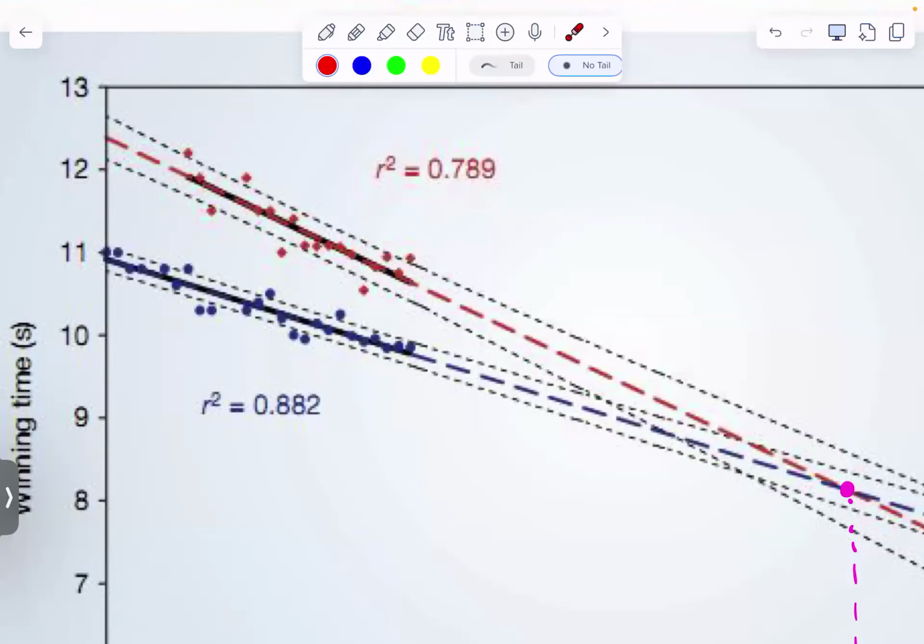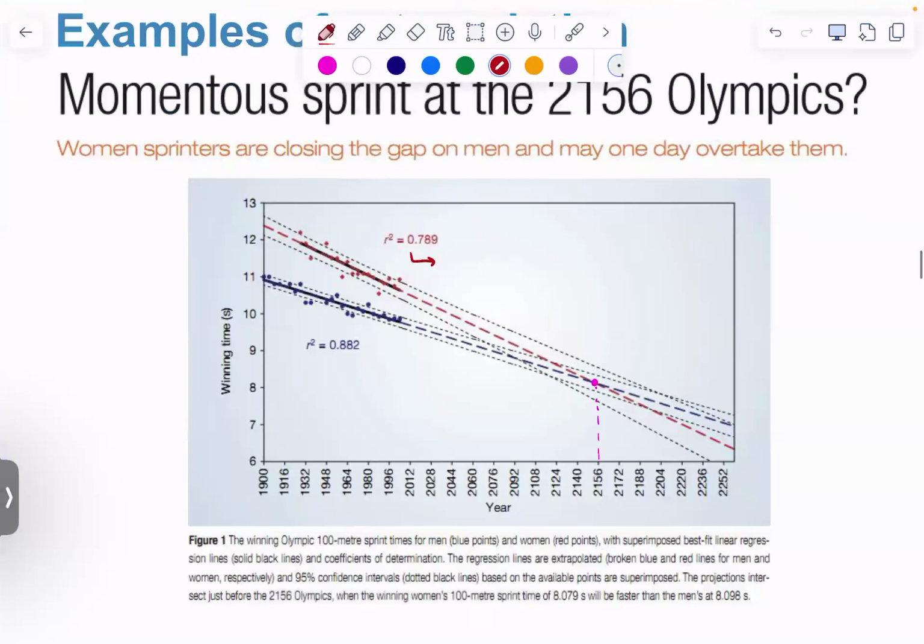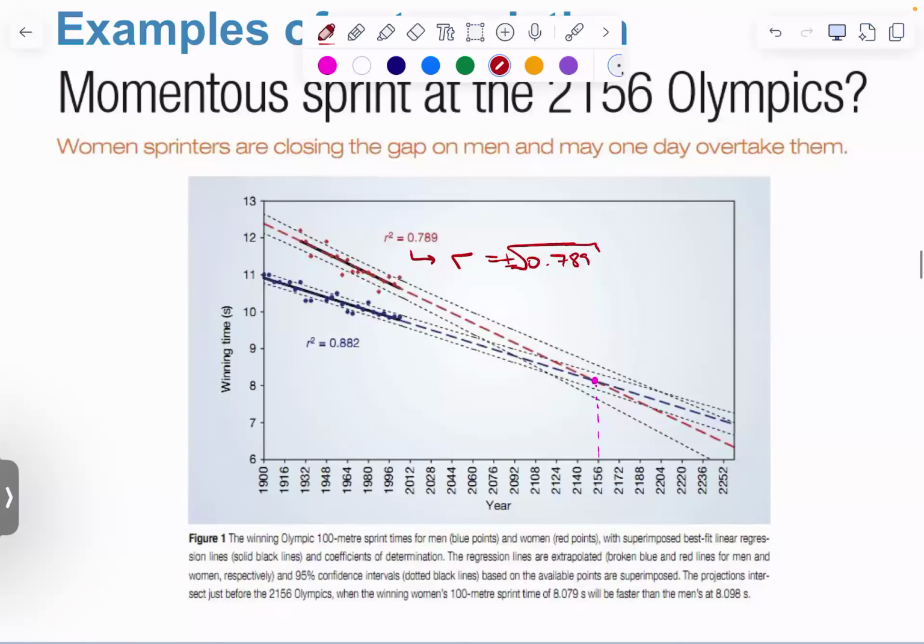The correlation R would be the plus minus square root of 0.789. The root of 0.789, so it'd be plus minus 0.88826-ish. That's a really high correlation, right? It only goes to 1.